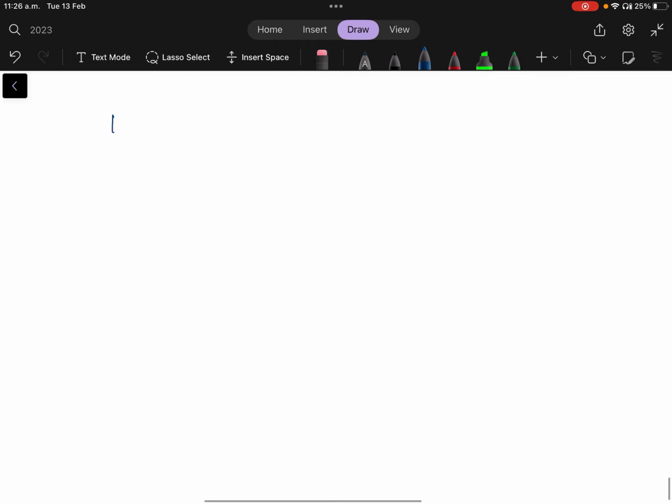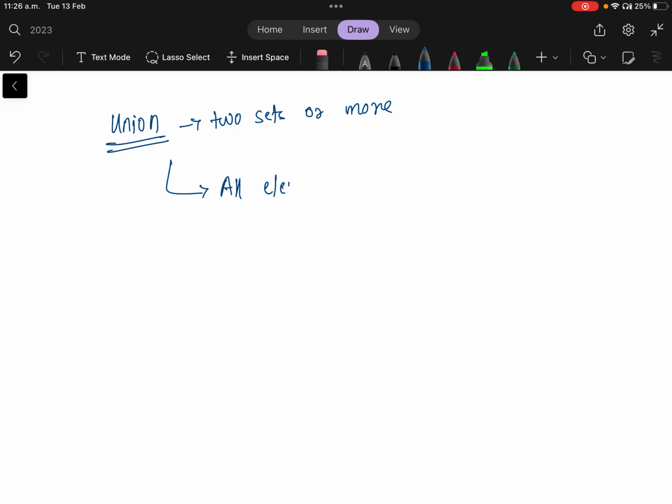Now we are going into union of two sets. Union will always be of two sets or more. Union of two sets means all elements. Whenever you think of union, you remember all elements. Let me tell you what it is. First let me show it in set notation.